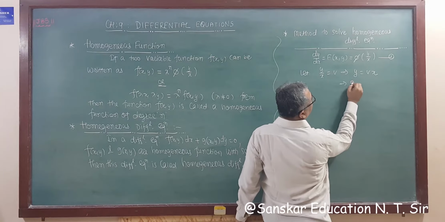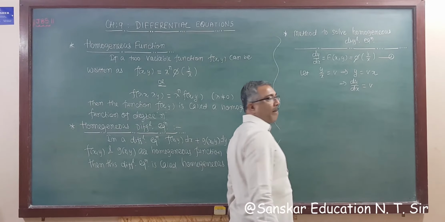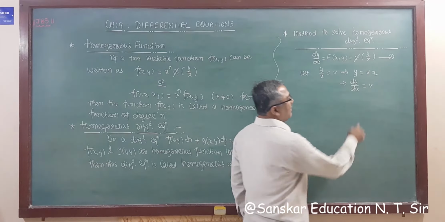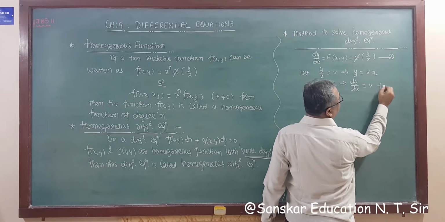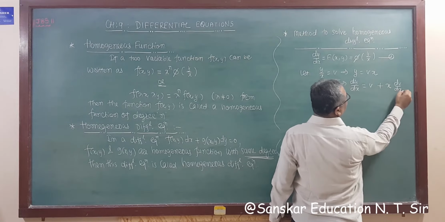So we get dy by dx. Now v is constant as it is, derivative of x is 1, plus x as it is, and derivative of v is dv by dx, right?